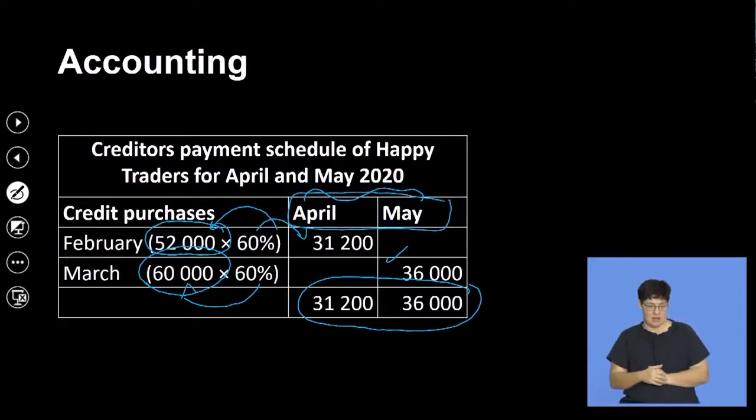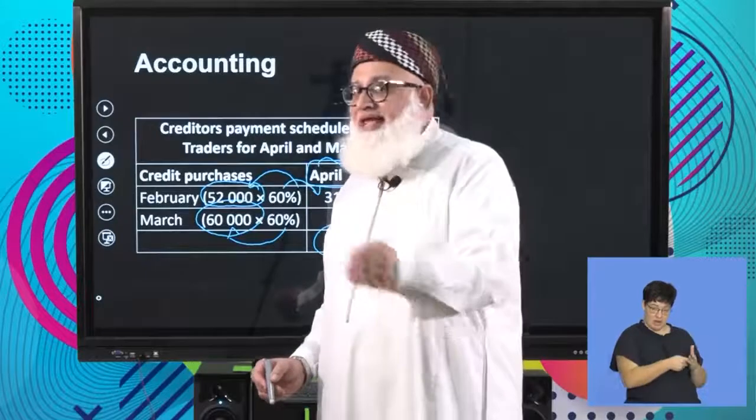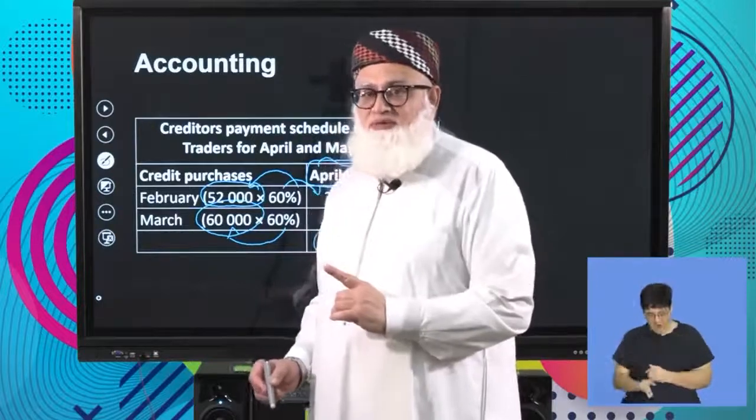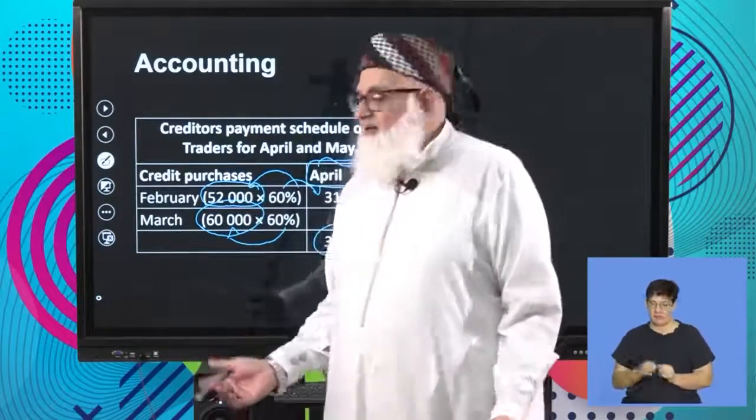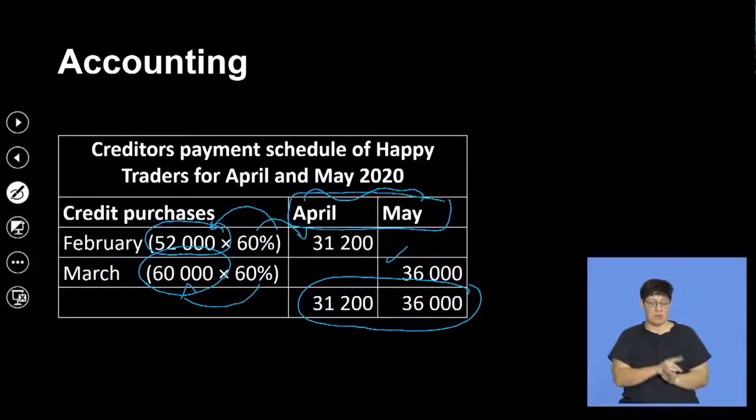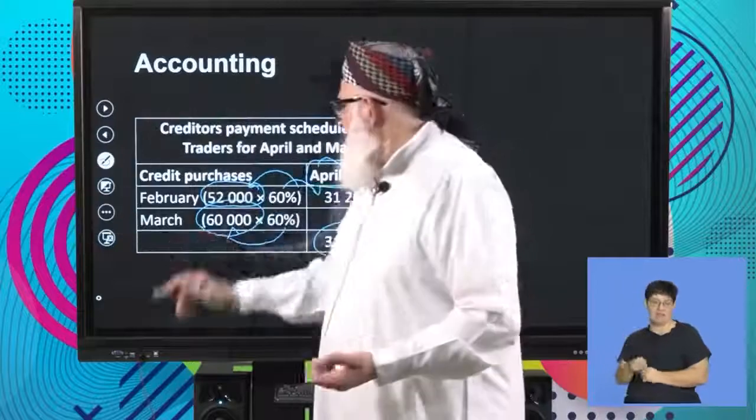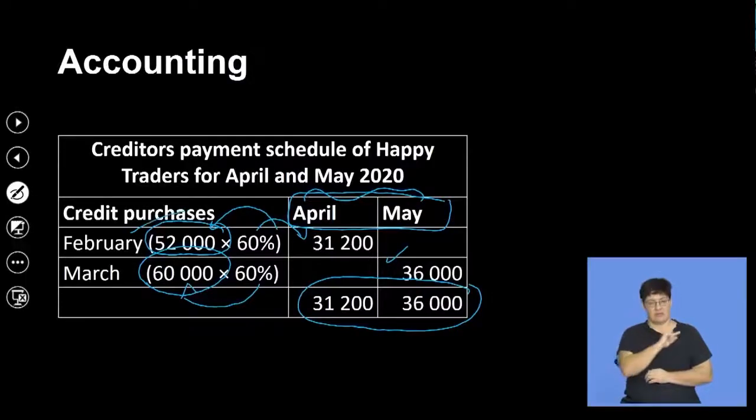Clearly you can see, if you had bought in January, you would pay February, March is your first payment. So that doesn't affect my budget period. But looking at February, does February impact on my budget period? Certainly it does. Why? You bought in February, right? You will only pay not in March, but in April. Therefore, you see February first payment due in April.